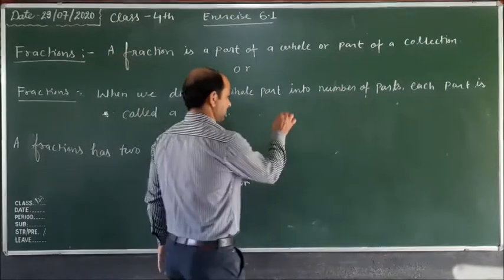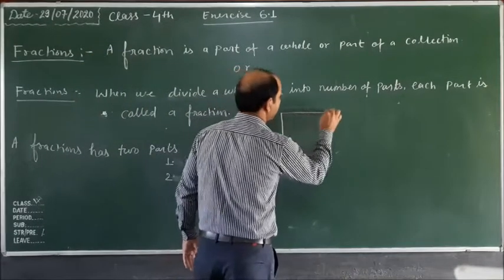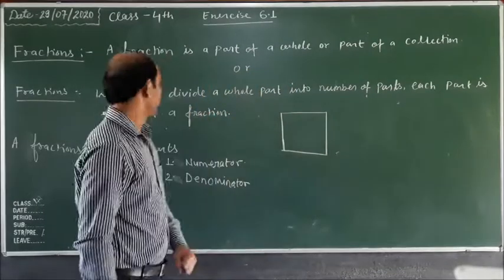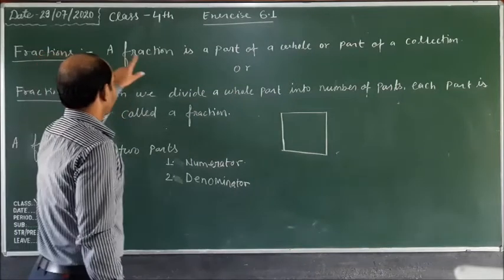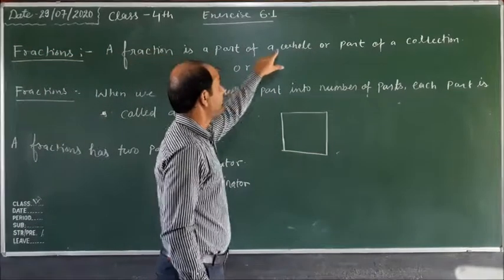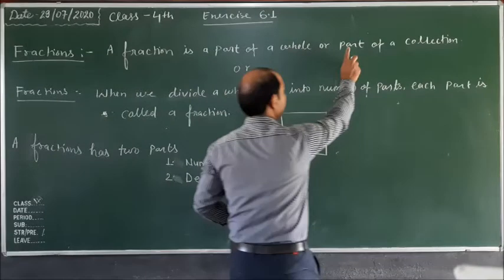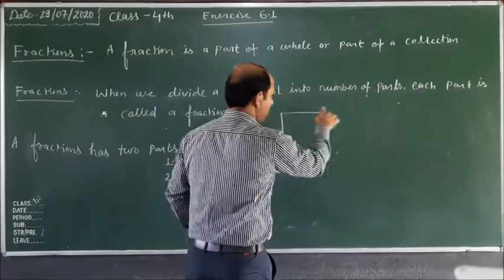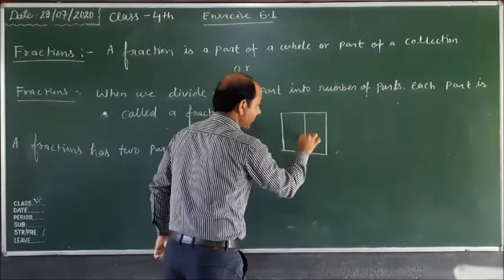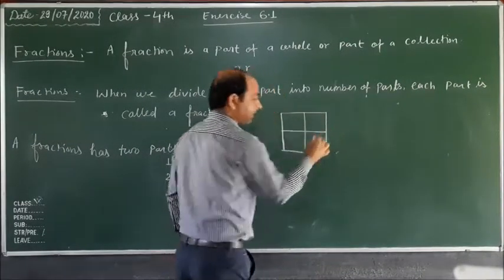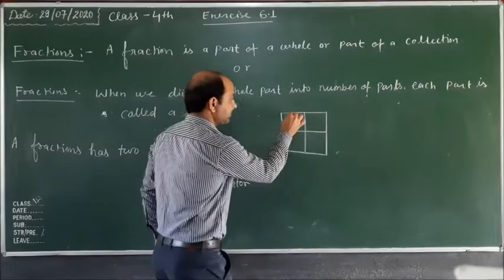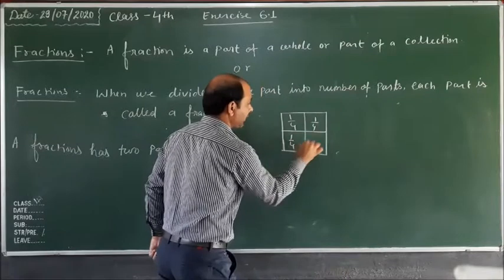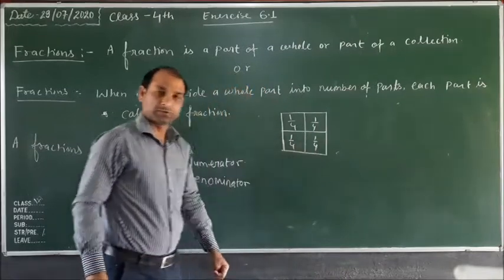For example, suppose this is one box. A fraction is a part of a whole or a part of a collection, which means this is a part. If we divide it into 4 equal parts, each part is 1/4, 1 upon 4, 1 upon 4, and 1 upon 4.